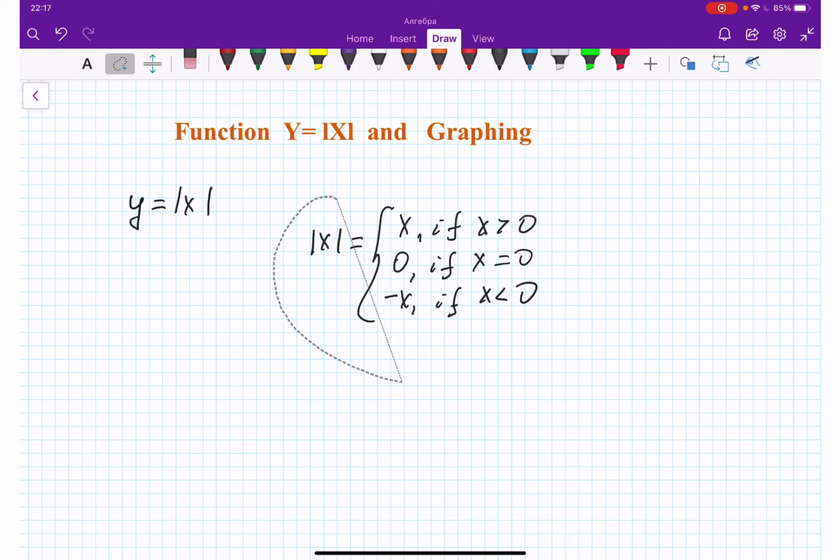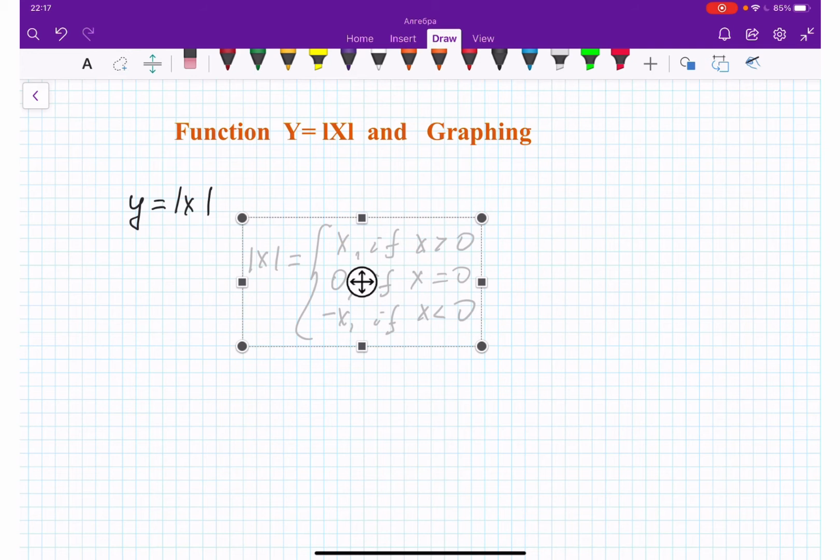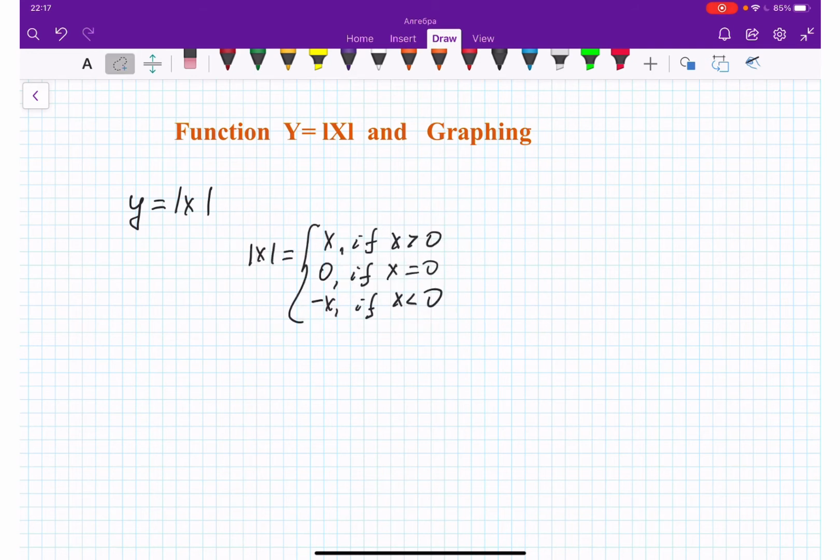Sometimes we can use the following notation also: the absolute value of x is equal to x if x is greater or equal to 0, and negative x if x is less or equal to 0.